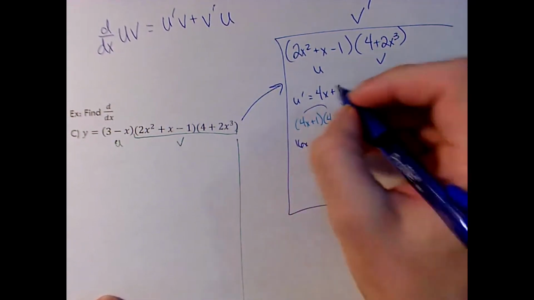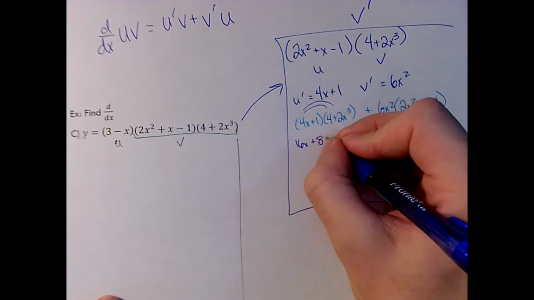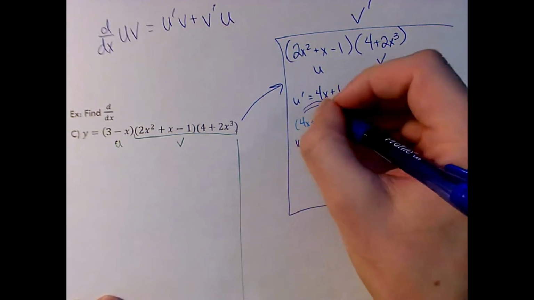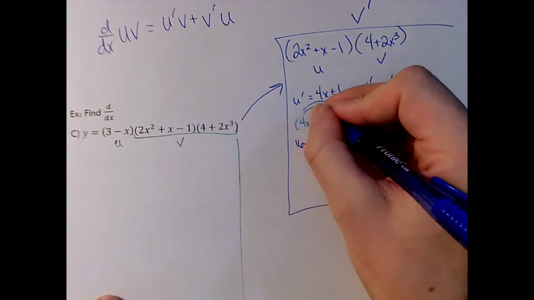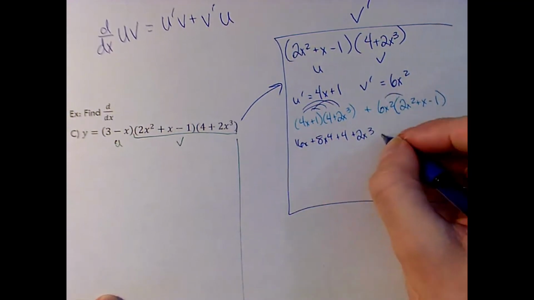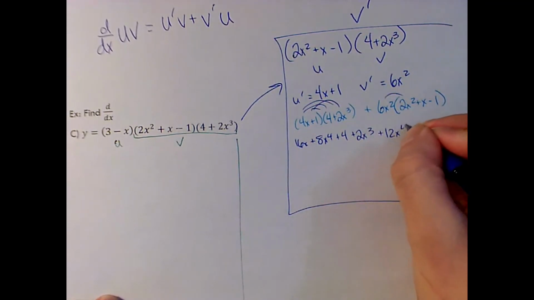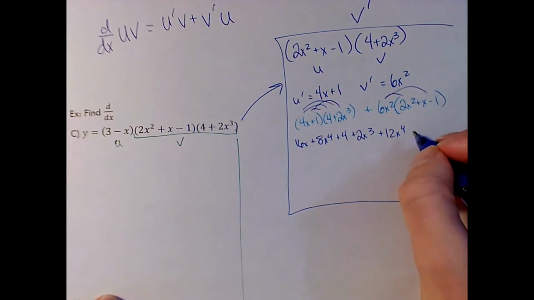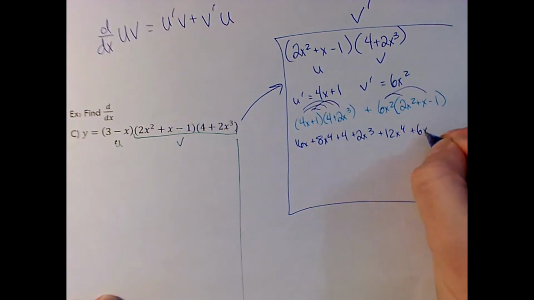16x plus 8x to the 4th plus 4 plus 2x cubed. Distribute, right? Yep. 12x to the 4th, 6x cubed minus 6x squared. I'm sure I can combine like terms here.